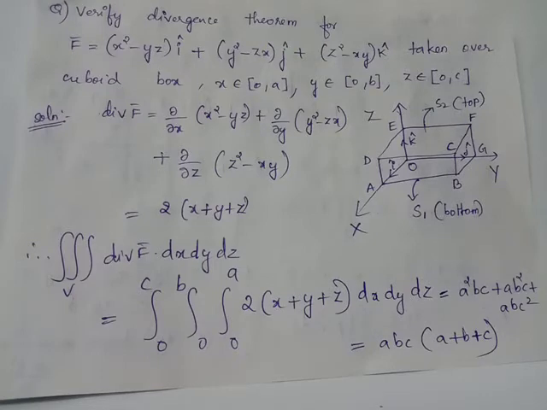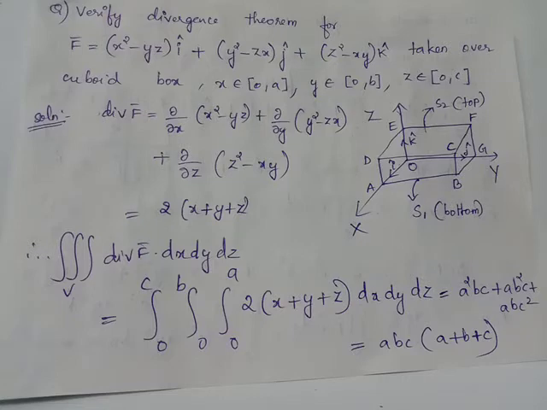Notice that the face S3 lies in the YZ plane, and it is the backward portion of the cuboid box. Therefore, minus i will be the unit normal for S3. Similarly, for the face S4, denoted by ABCD, n cap equals i will be the required outward normal. S4 is the front portion of the cuboid box, and the outward unit normal for S4 will be n cap equals positive i.